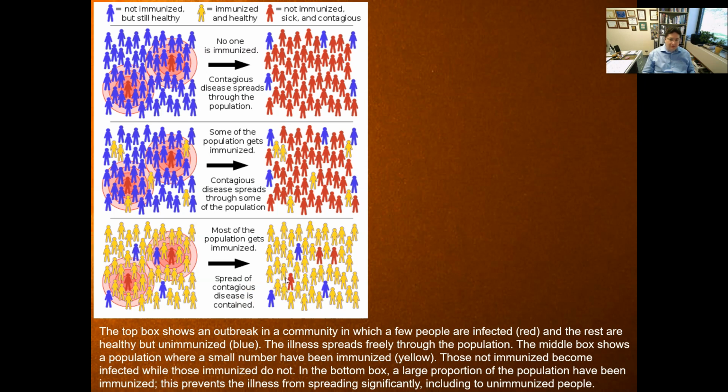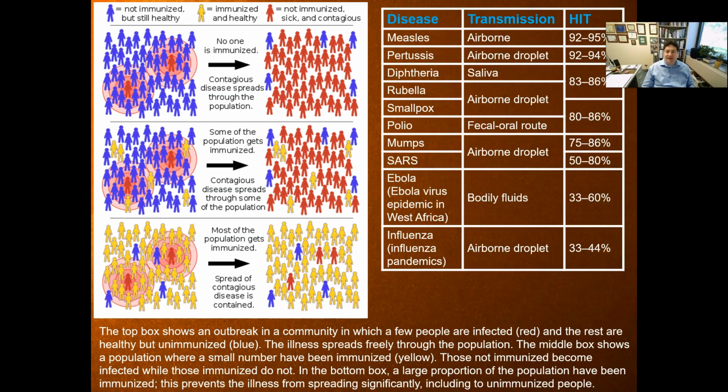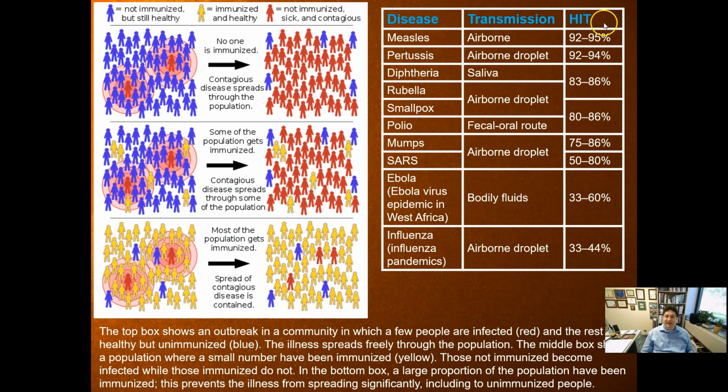So in the bottom box, a large proportion of the population have been vaccinated. This prevents the illness from spreading significantly, including to those who are not immunized or vulnerable. Now, this chart here shows the HIT for different diseases. So here's your disease, how it's transmitted, and what percent of the population needs to be vaccinated for herd immunity to occur.